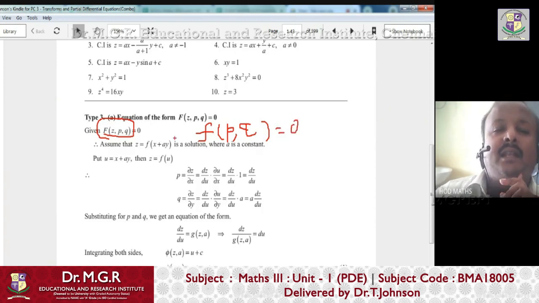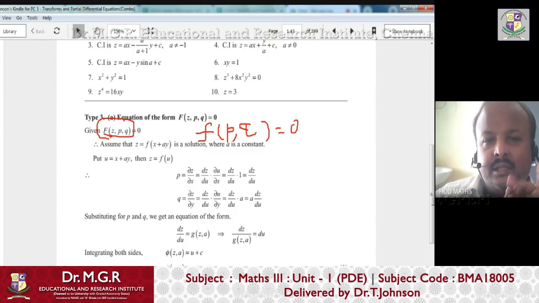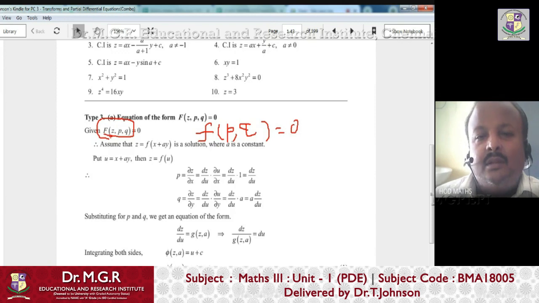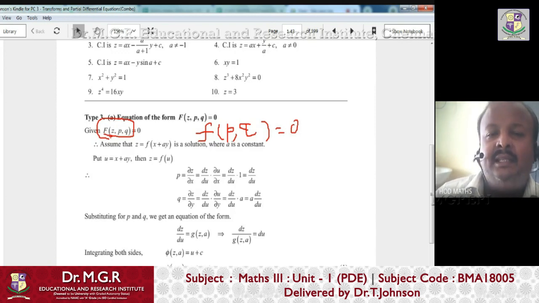But in type 3, z is also involved. So in type 3 PDEs, we have z, p and q in any form. It may be z square plus p square plus q square equals 0, or z equals sin x sin p plus cos q, whatever it may be. It may be a function containing these three terms.